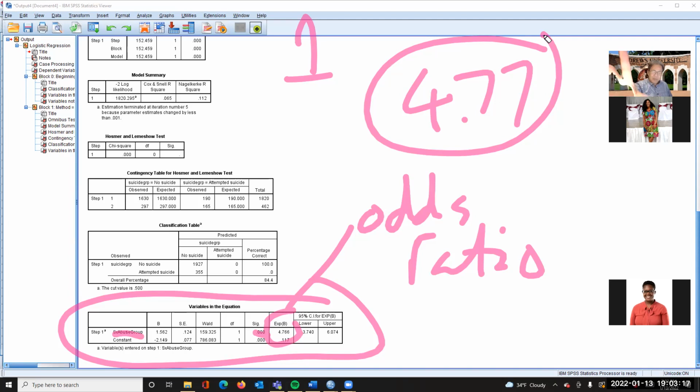Or, excuse me, people who have attempted suicide are 4.77 times more likely to have been sexually abused.